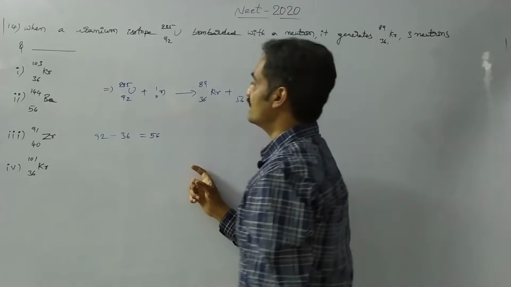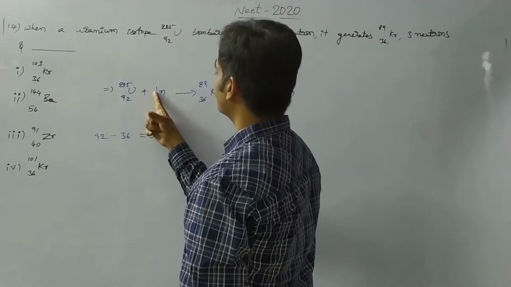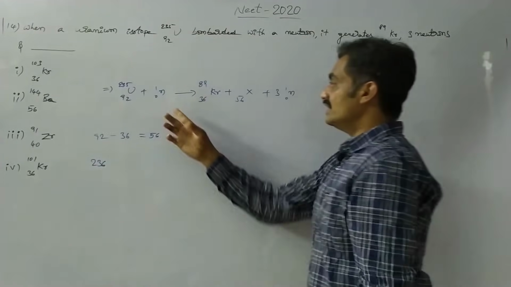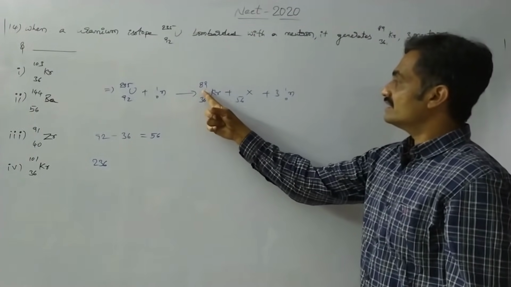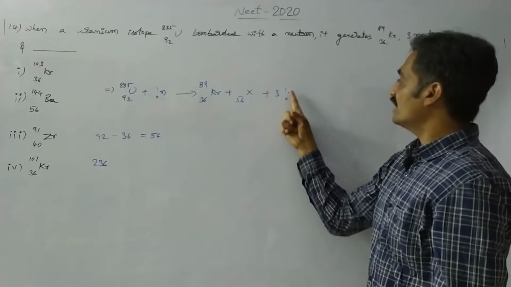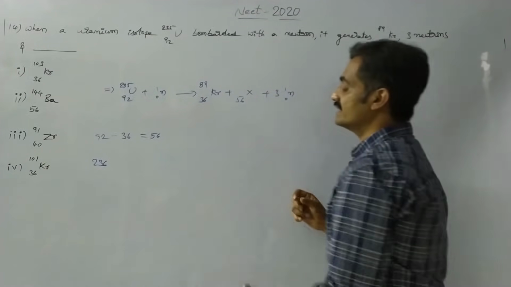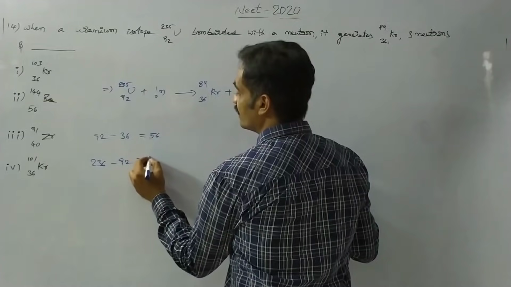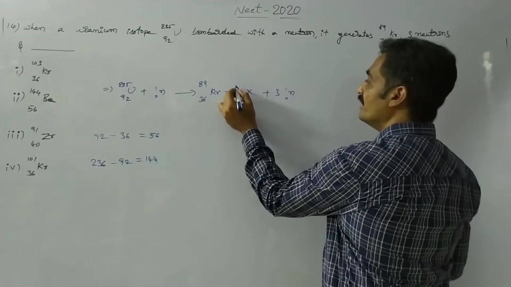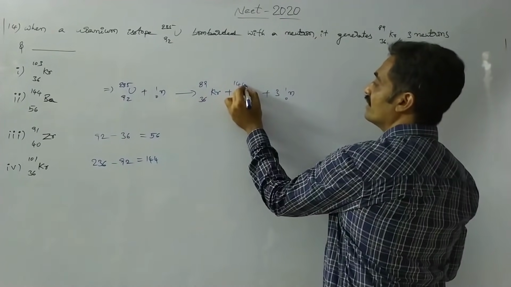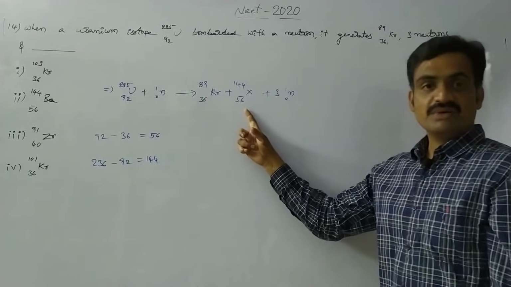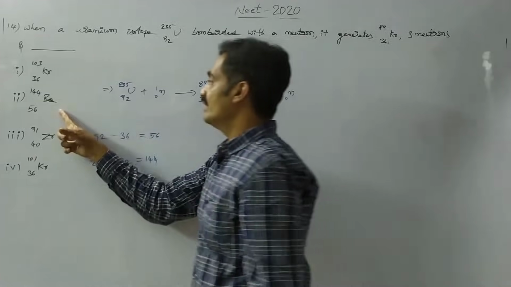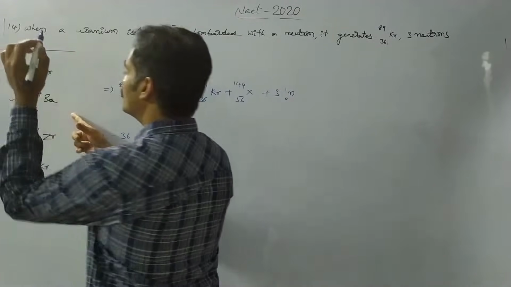Now we have to find the mass number. 235 plus 1 is 236 on the left side, and on the right we have 89 and 3 neutrons. 89 plus 3 is 92. As we subtract, we get 144. So the element possesses atomic number 56 and mass number 144. So the element will be barium. Option is 2. Take a screenshot.